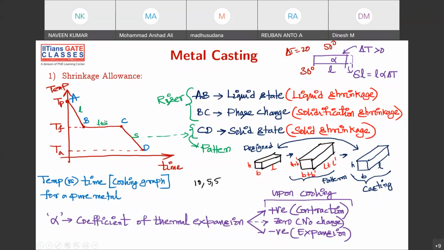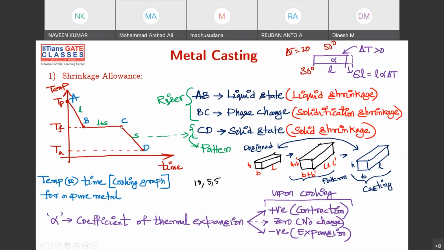Once it has already solidified, in solid state, if it is shrinking, how are you going to provide liquid here? You can't. But from A to B and B to C, you can accommodate with the help of liquid, because as it is shrinking, the liquid will come and take the place where the shrinkage is happening.